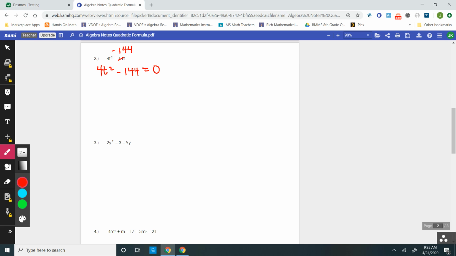A is the coefficient of your x squared term. Here there are t's, but your A will be 4. And then B is the coefficient of your x term, the one by itself. You don't have any regular t's here, so your B will be 0. And then your C is the constant, the number by itself, so -144.